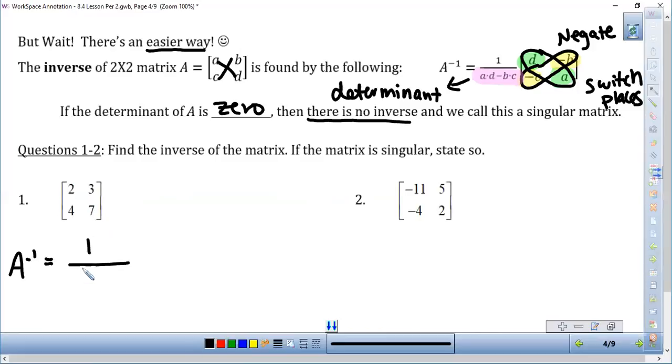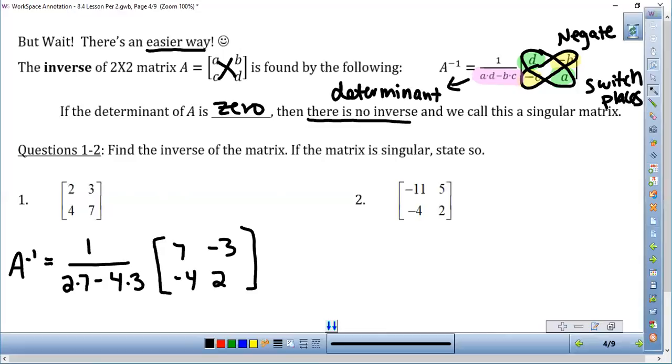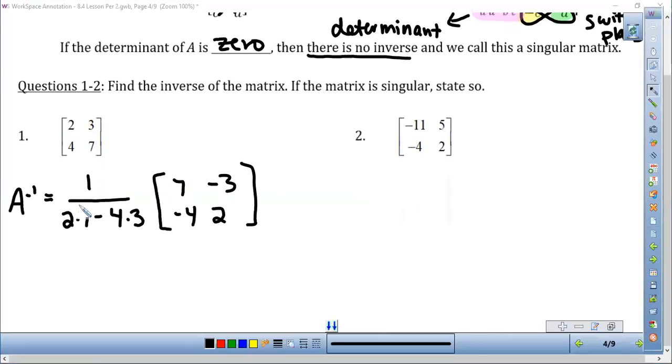For this first one, we're going to have 1 over 2 times 7 minus 4 times 3. And then in this matrix, we're going to switch places, the 7 and the 2. And the 3 and the 4 are going to become negative. So the fraction part in front, we end up getting 1 over 14 minus 12. 14 minus 12 is 2.